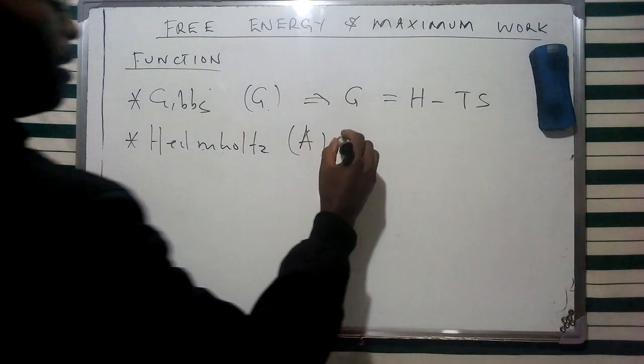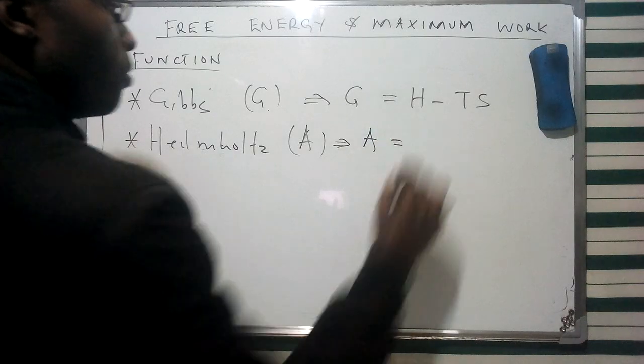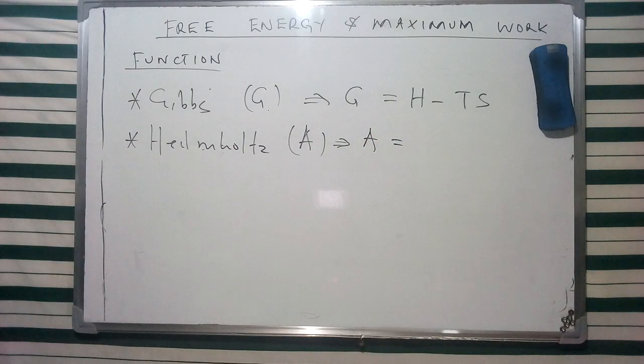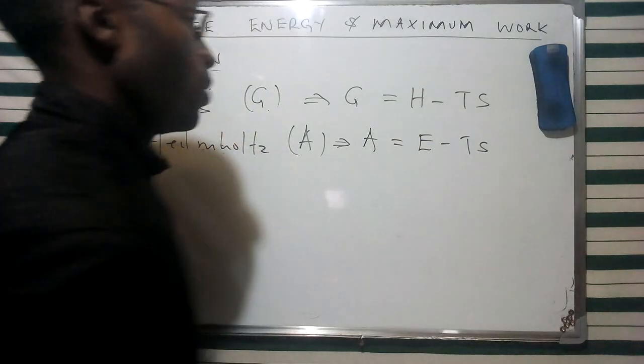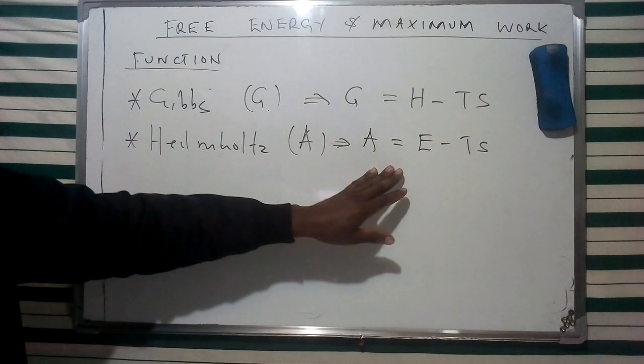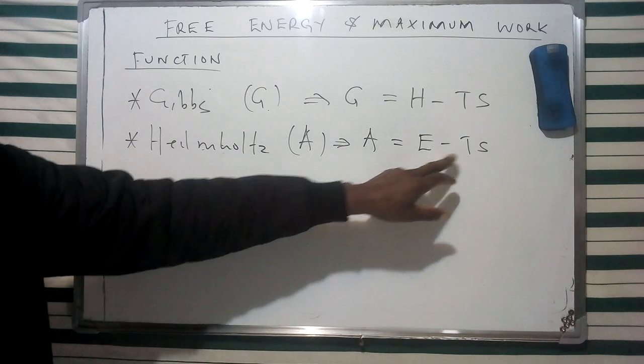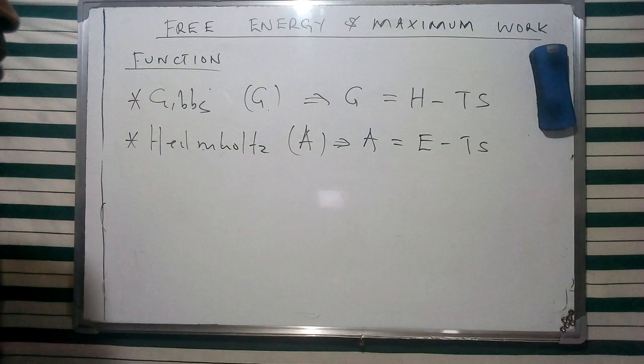And the Helmholtz free energy, A, is going to be given in terms of an algebraic form, which is E minus TS. And of course, we said that A is Helmholtz energy, E is internal energy, T is absolute temperature and S is the entropy.